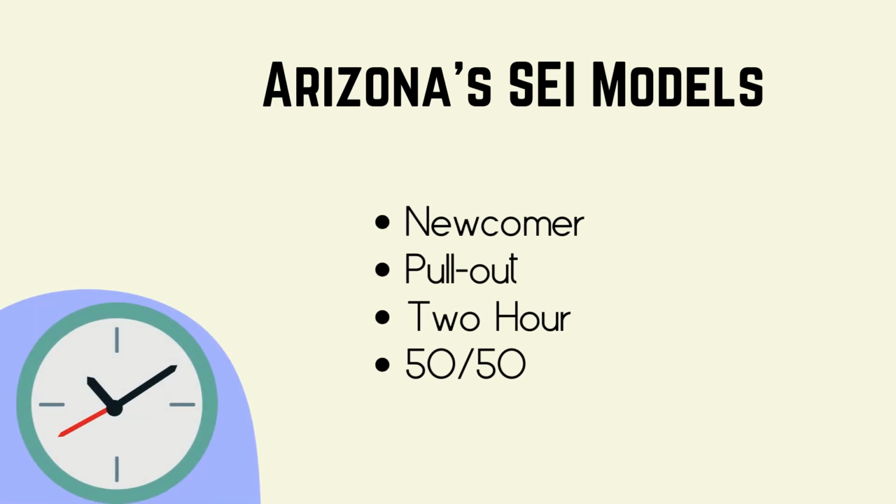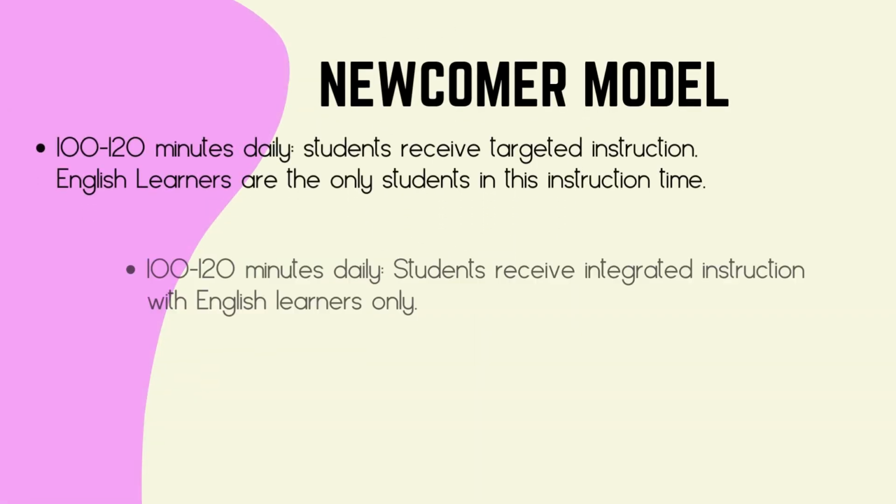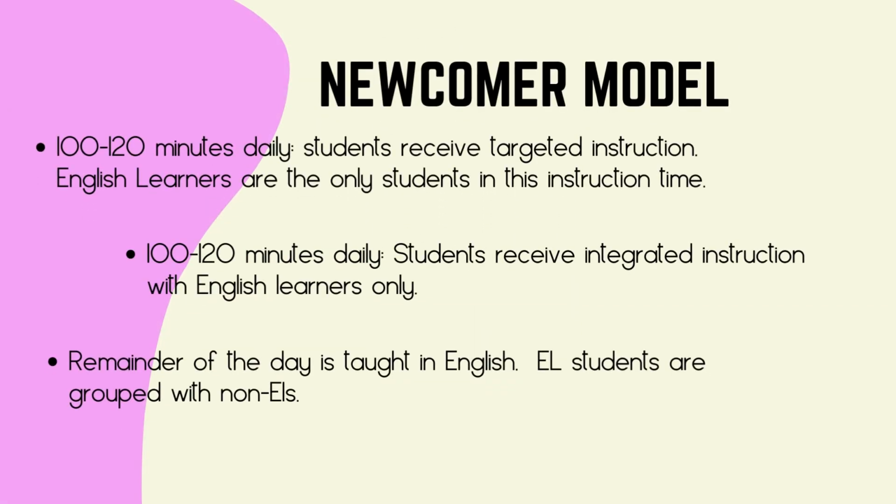Some of Arizona's SEI models are newcomer, pull-out, 2-hour, and 50-50. Let's look at the newcomer model. In this model, students receive 100 to 120 minutes of targeted instruction. Targeted instruction is made up of students in the same grade level as well as English proficiency level.